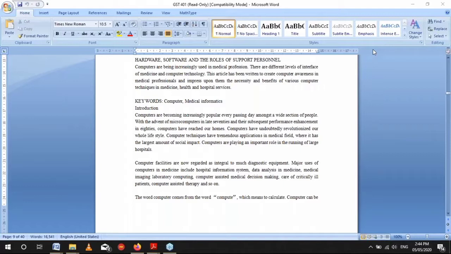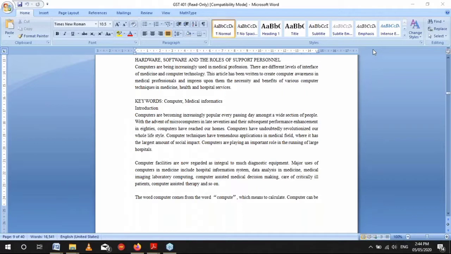I repeat, computer can be defined as an electronic device that is designed to automatically accept data, store, and process, then producing output results. Okay?